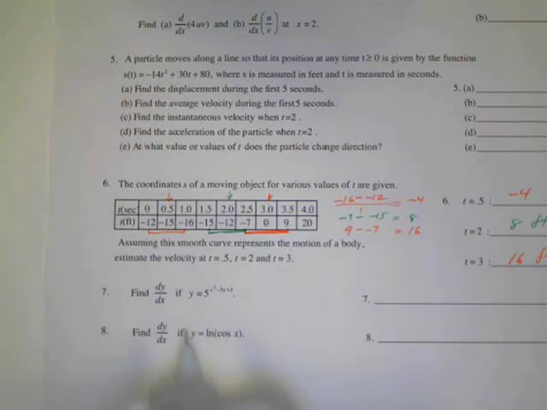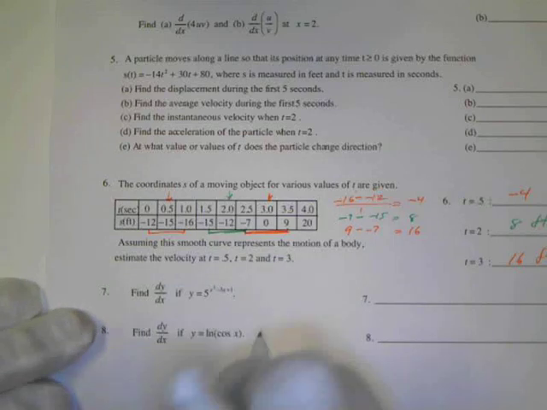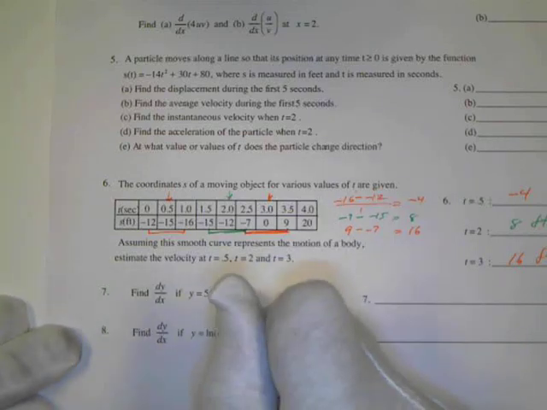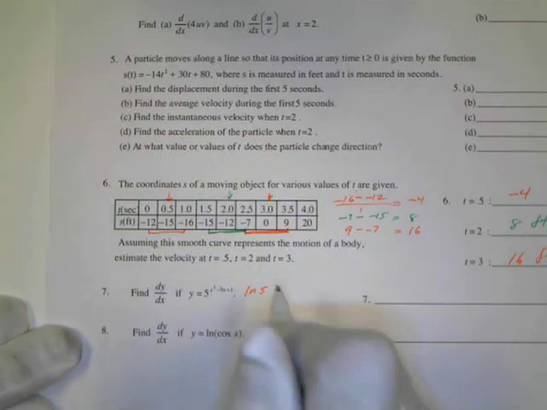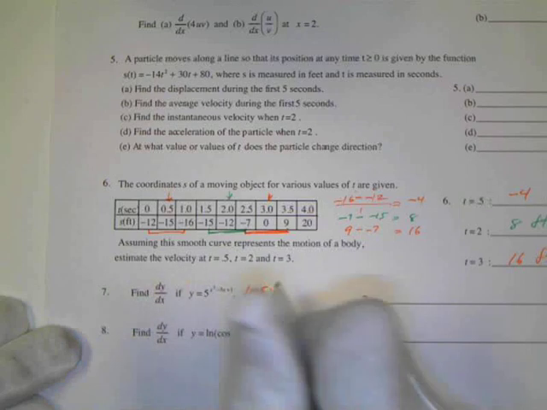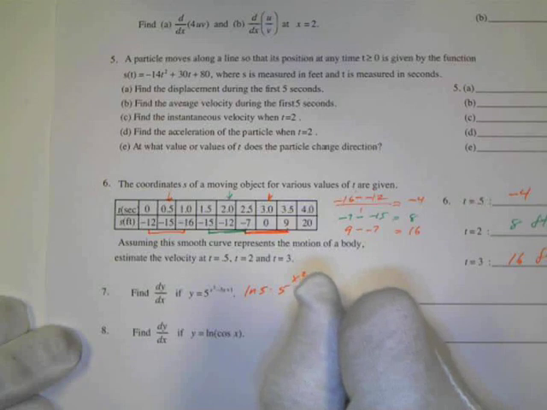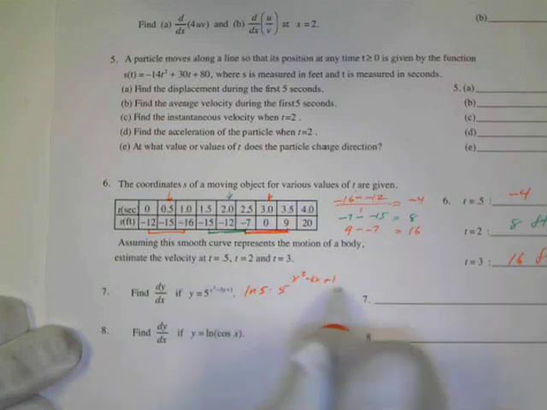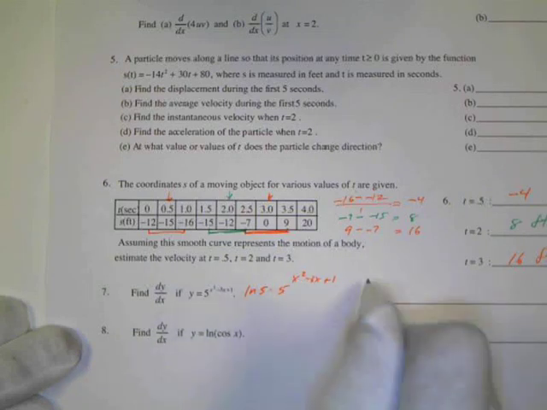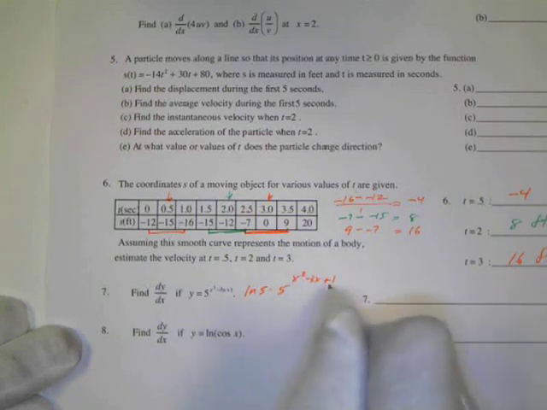My a is 5, so it's natural log of 5 times 5 to the x squared minus 3x plus 1, except now there's a function up here. So it's going to be the natural log of 5 times 5 to the u times du dx. And what's the derivative of this? That's just going to be 2x minus 3.